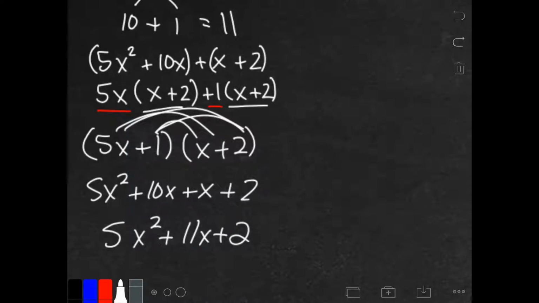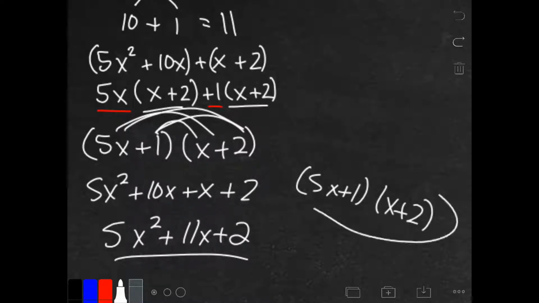So this works. This is my original equation. So my final answer, my factored form, is 5x plus 1 times x plus 2. Go ahead and circle it. That's our final answer.